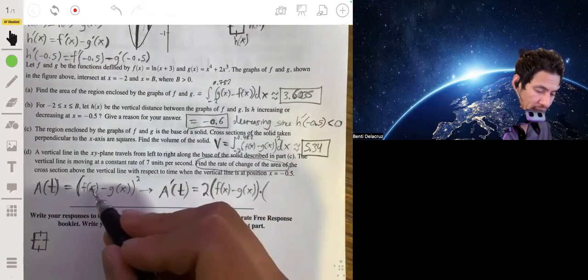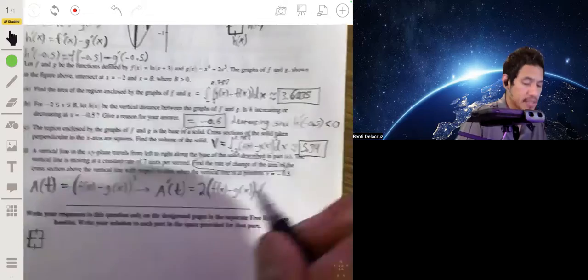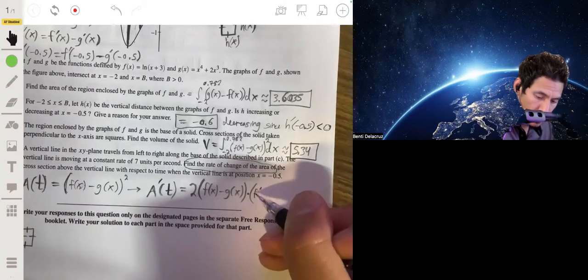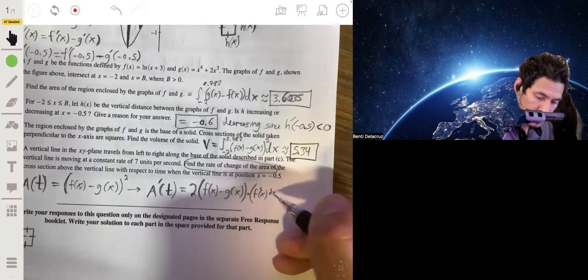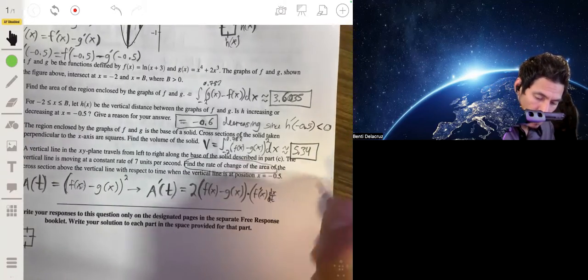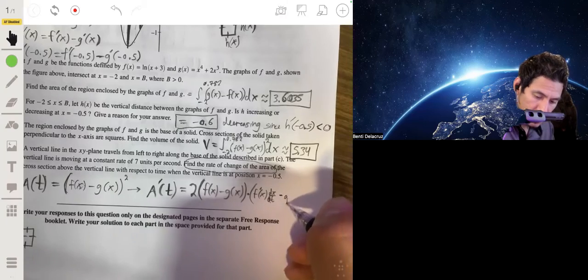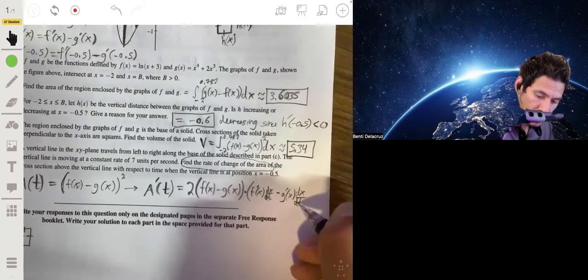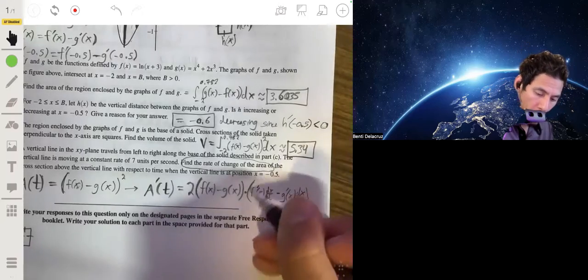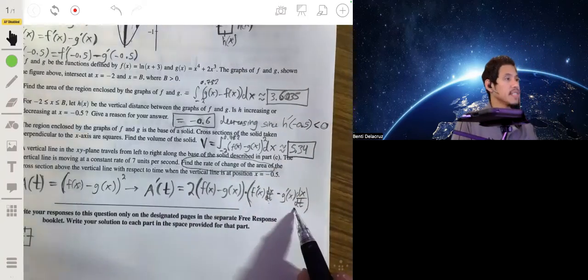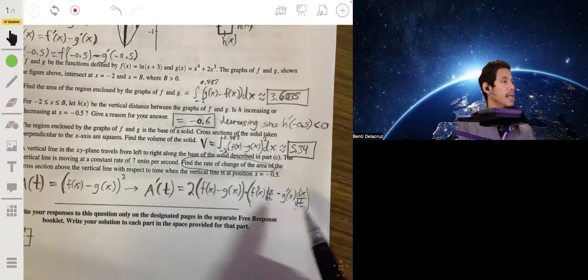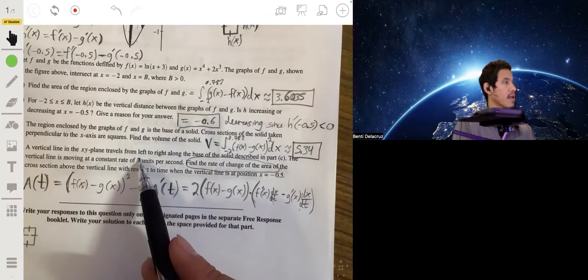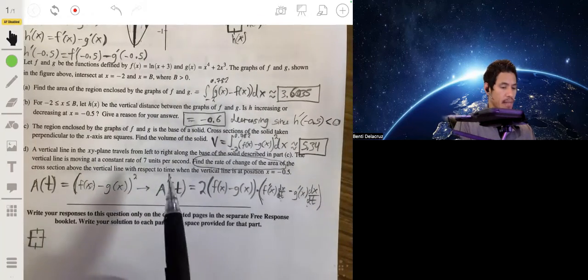The derivative of the inside is f prime of x times dx dt, minus g prime of x times dx dt. And that dx dt is that 7. That's describing how it's changing over time.